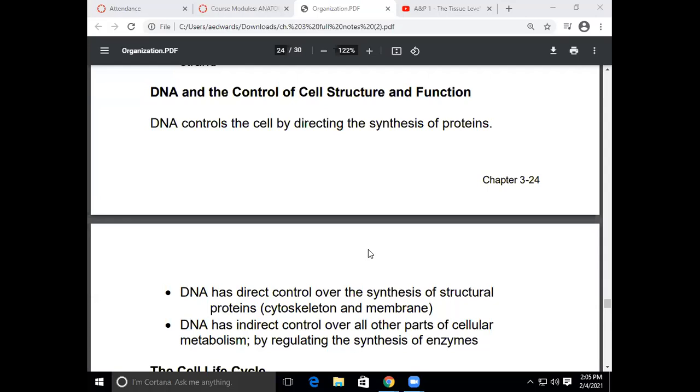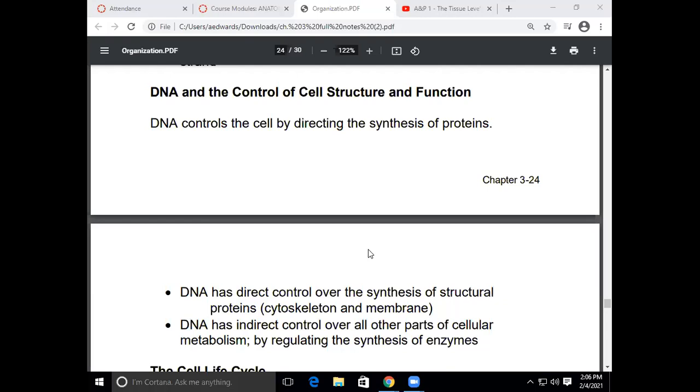Okay, synthesis is another word that means making of proteins, making, synthesis, production. I mean, that's what synthesis is. So DNA is going to have direct control over the synthesis of structural proteins in particular. So like your cytoskeleton, your proteins that are in your membrane.